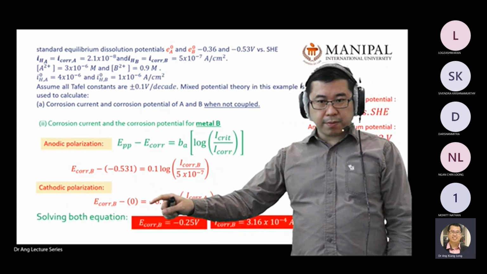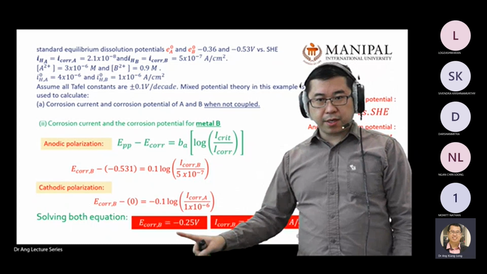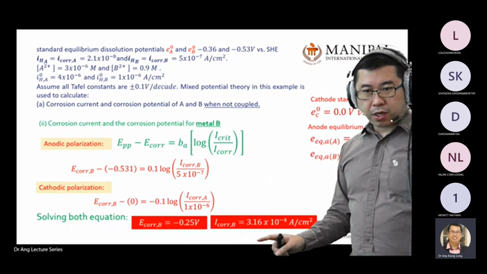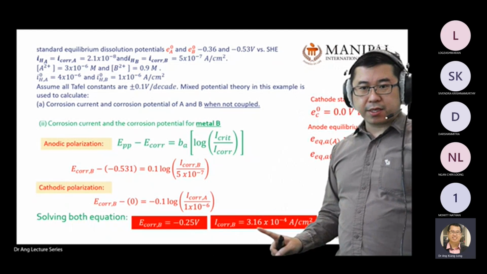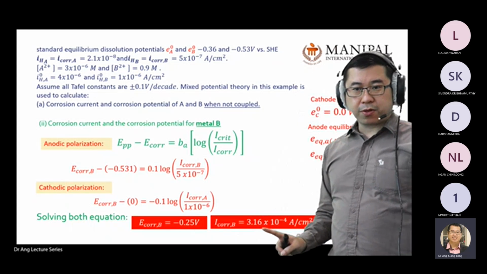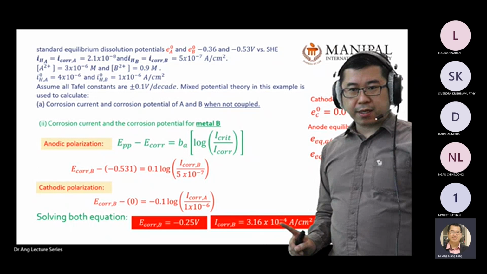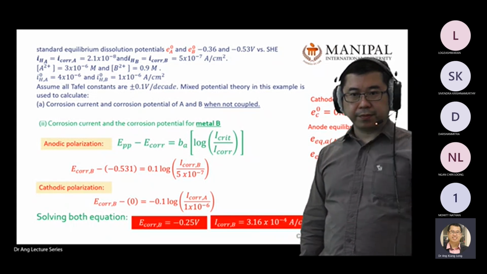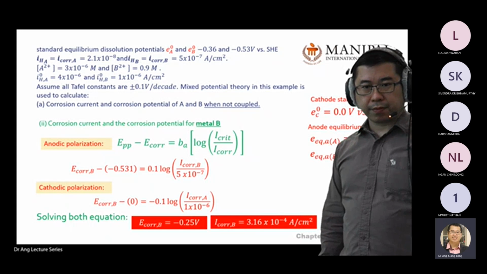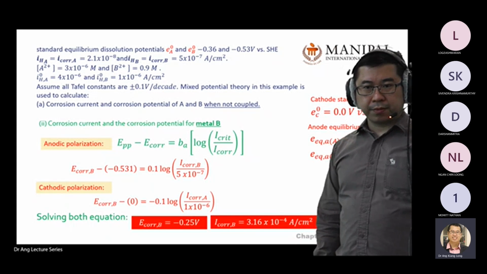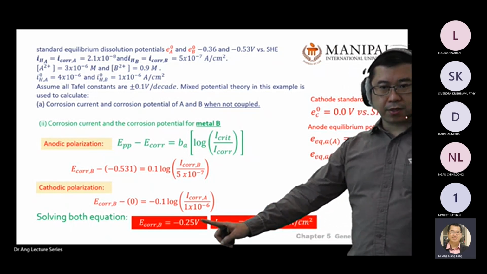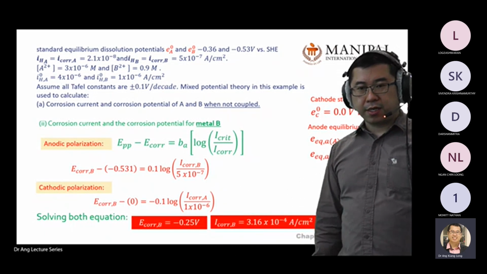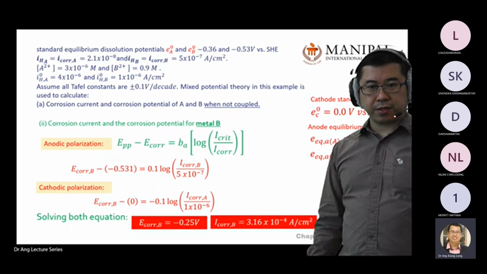So the corrosion potential for B is minus 0.25 volt. The corrosion rate for B is very small, 3.16 × 10 power negative 4 ampere over cm square. Okay, copy this too. The rest is substitution. Then this one is just a cross check for your revision.